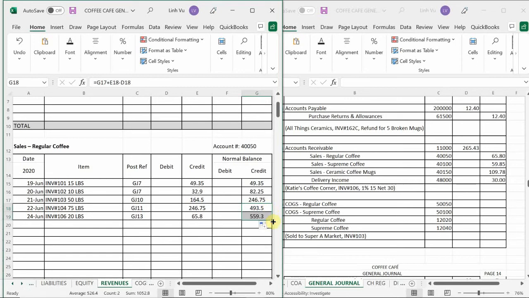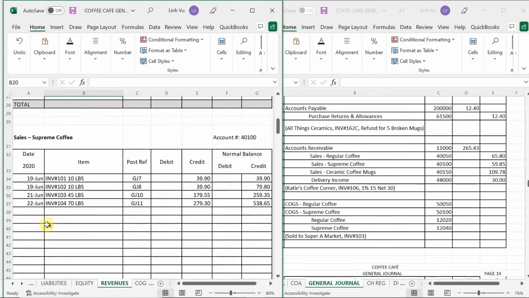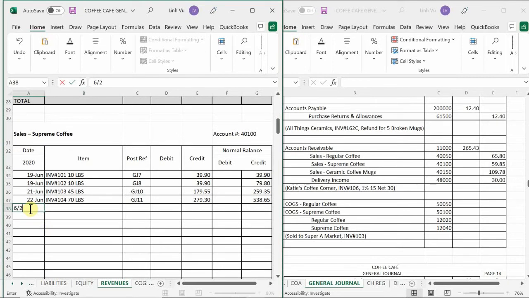And I don't have totals, I'm sorry. It's okay. So 559.30. Okay, and then we go to sales, Supreme Coffee. Invoice 106. It was 15 pounds on page 13 for 59.85.